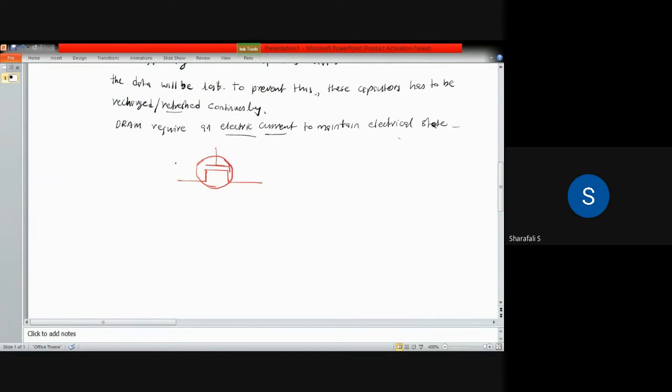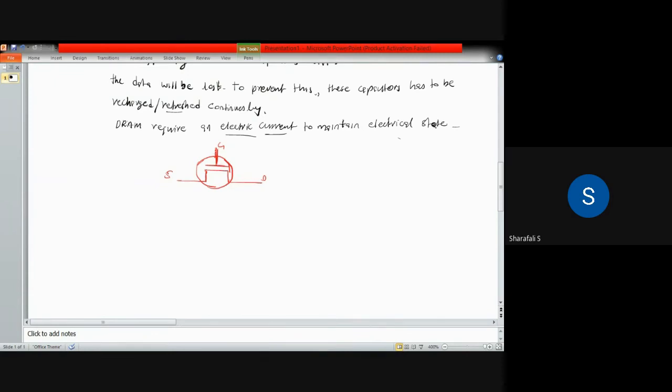When the gate has some voltage, with this maximum voltage applied at the gate terminal, the current can pass through this transistor.